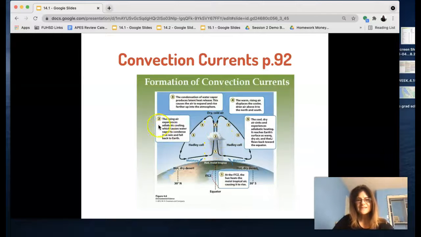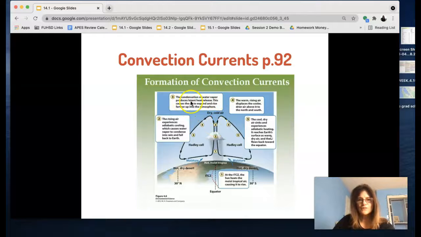When that rising air gets high enough, it experiences adiabatic cooling, and that causes the water vapor that it is holding to condense and fall back to the earth in the form of rain. So that's why we have a lot of warm tropical rain near the equator. But look what's happening on top.